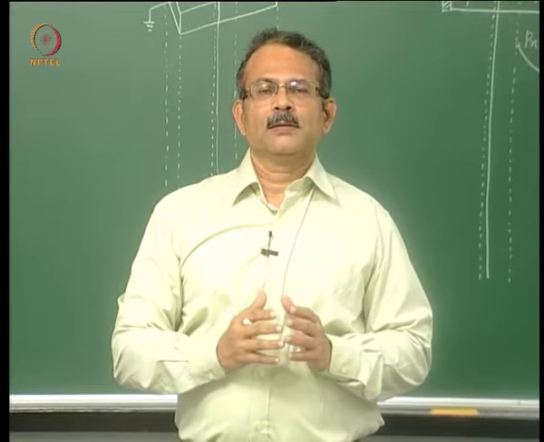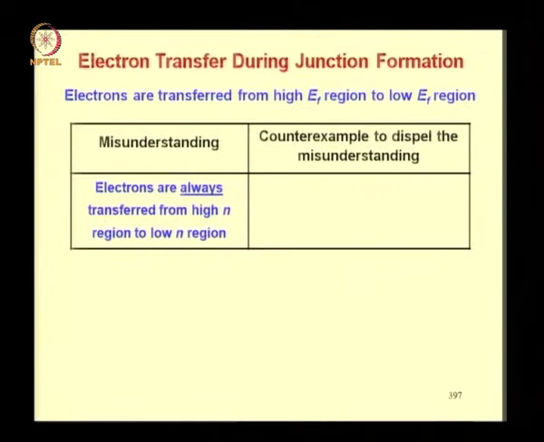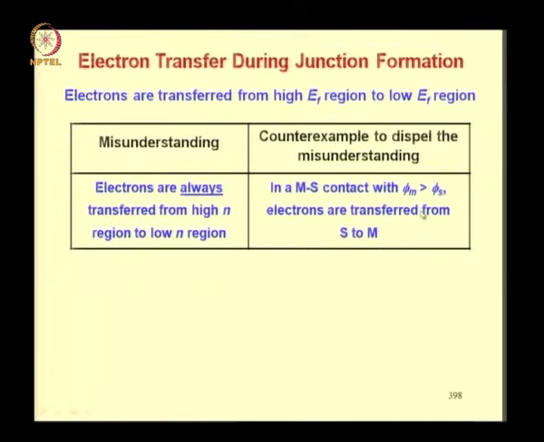For example, here is a misunderstanding. You might think that electrons are always transferred from the high electron concentration region to low electron concentration region. Let us give a counter example to dispel this misunderstanding. In a metal semiconductor contact with phi m greater than phi s, electrons are transferred from semiconductor to metal.